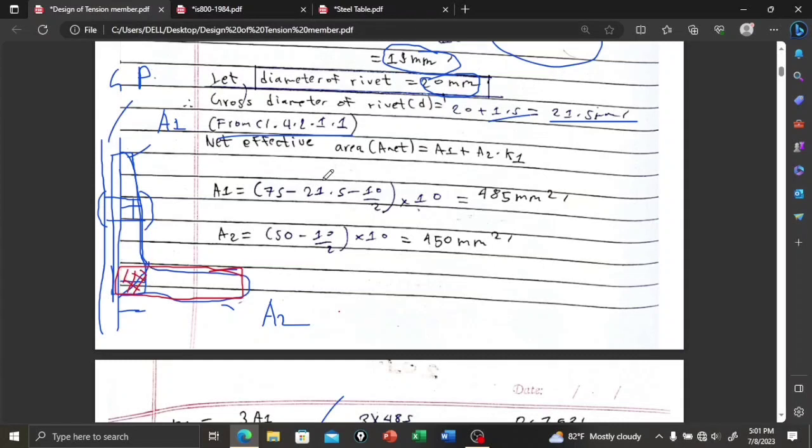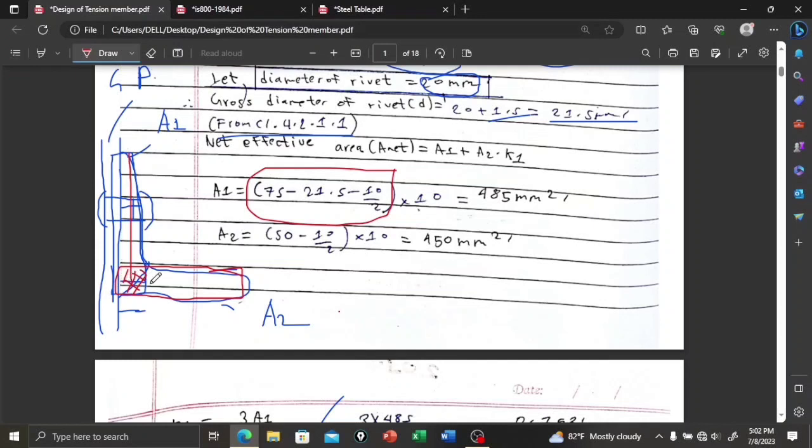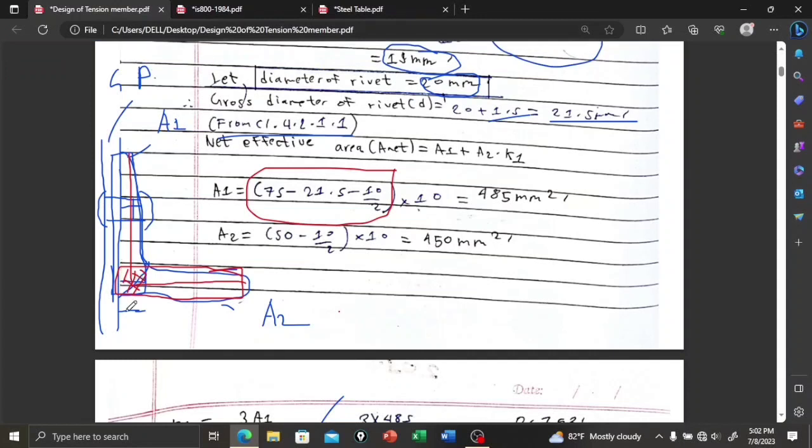So to reduce, half will be reduced from this and half will be reduced from this, and multiply by thickness. From here to the middle, it is this, and multiply by thickness. Similarly for this, from here to the middle is 50.